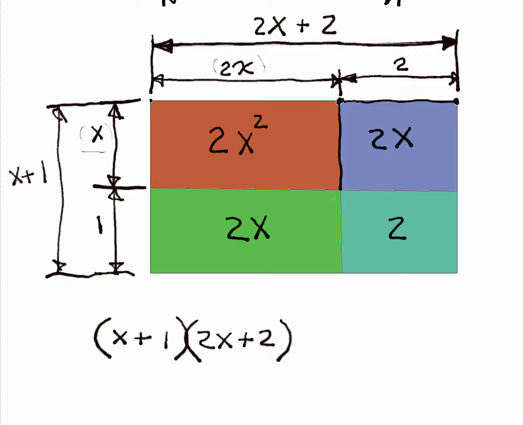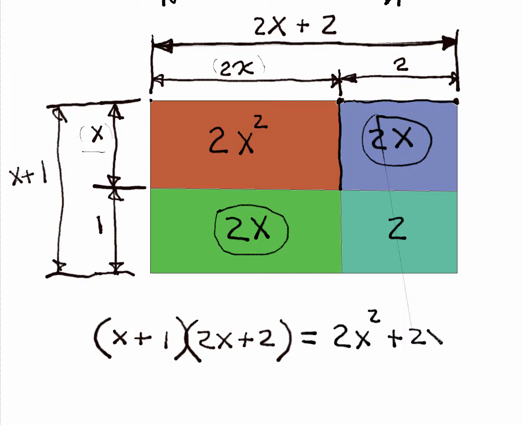Now, if we want to know the area of this entire rectangle, it is consistent with the way we define area that this must be the sum of the areas. So this is equal to 2x squared plus, now notice the way this is set up, I can take this 2x and this 2x and add those together, and I'm just going to write 4x.